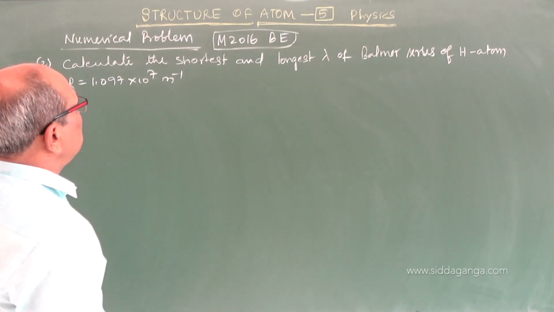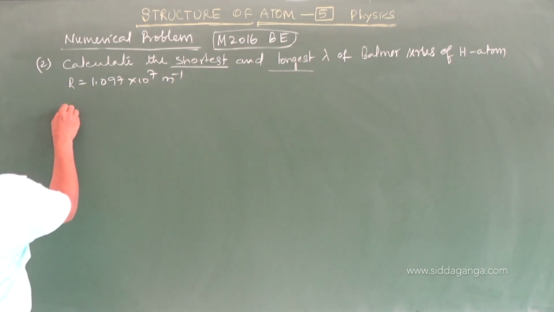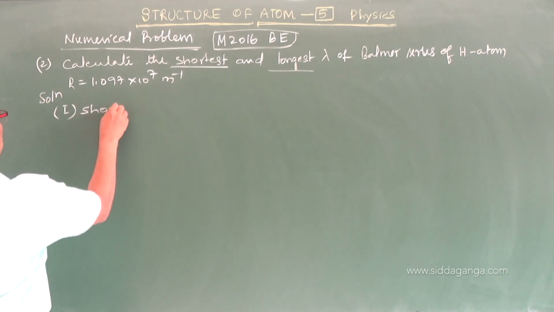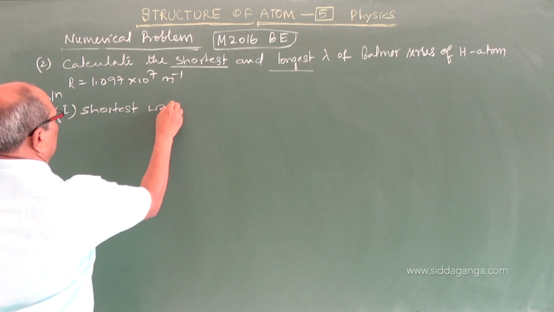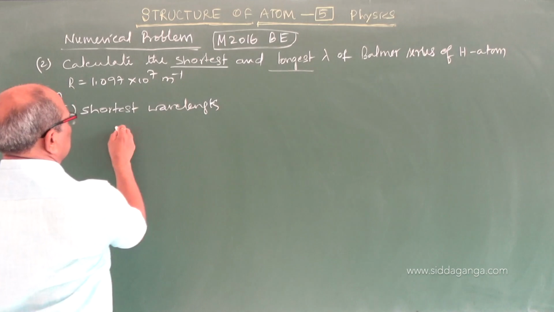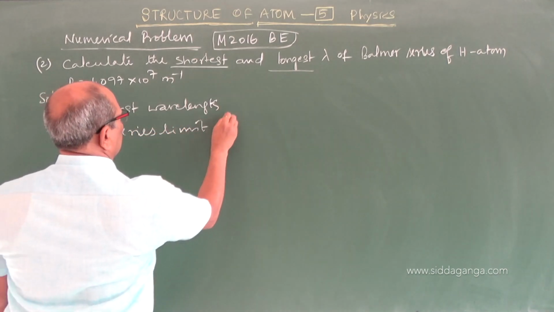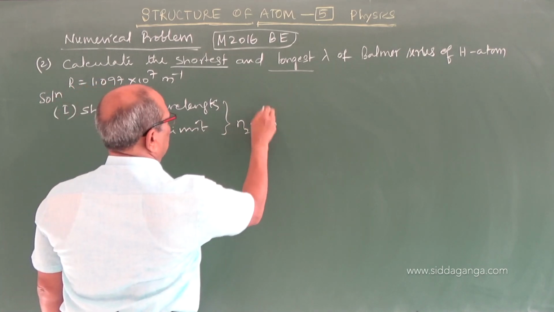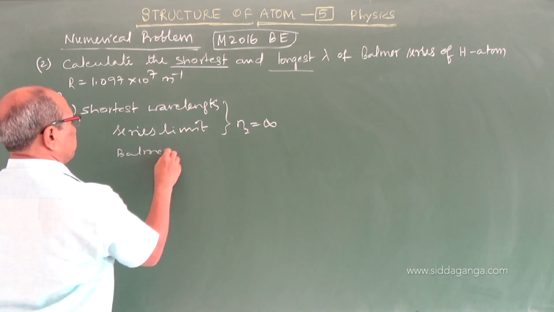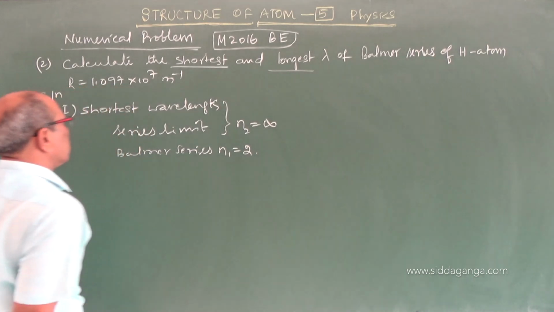Again the question is repeated on the wave number expression, shortest and longest wavelength. First in the solution, for shortest wavelength: shortest wavelength means it is the series limit. In the series limit always n2 is infinity, and it is Balmer series, so n1 is 2.